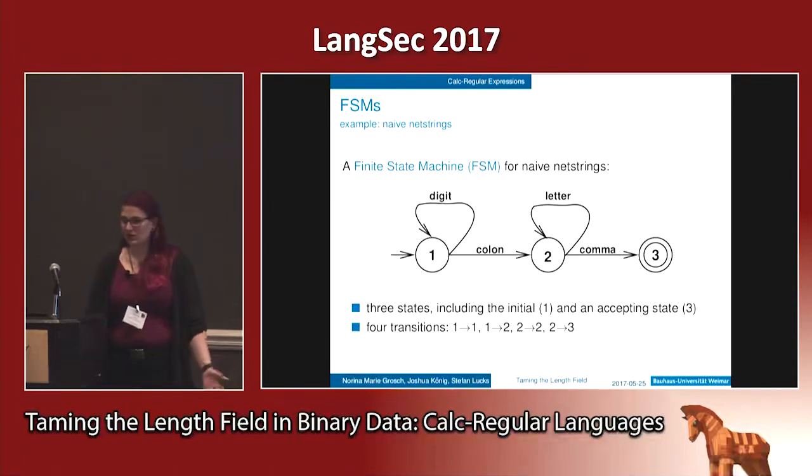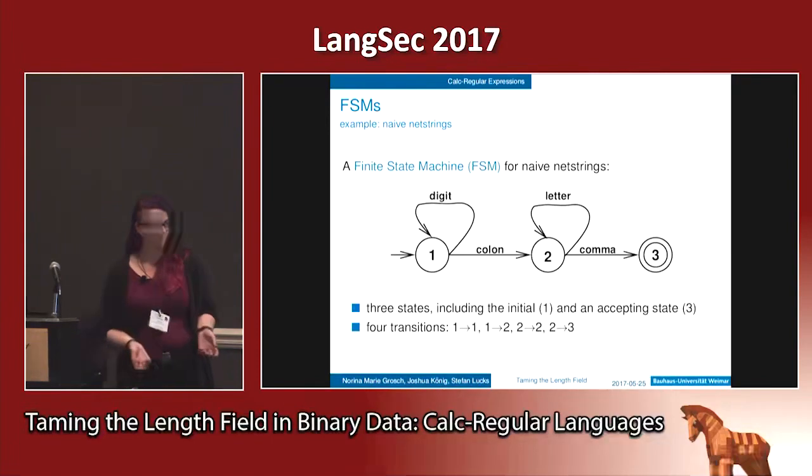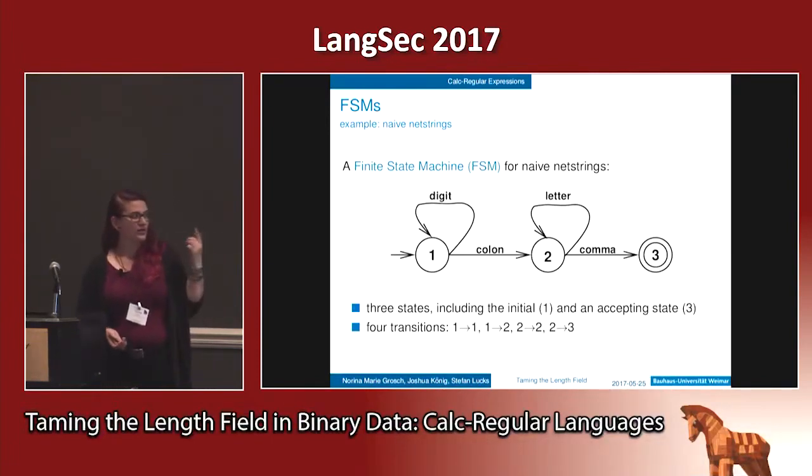Finite state machines in general can decide whether an input is a word of a certain language or expression or not. Here we are first in the initial state, number 1, and as long as we're reading digits, we stay there. When the colon is read, we change to number 2, where we can read all the letters, and at the end, when we read the comma, we go to the final state and accept the word.